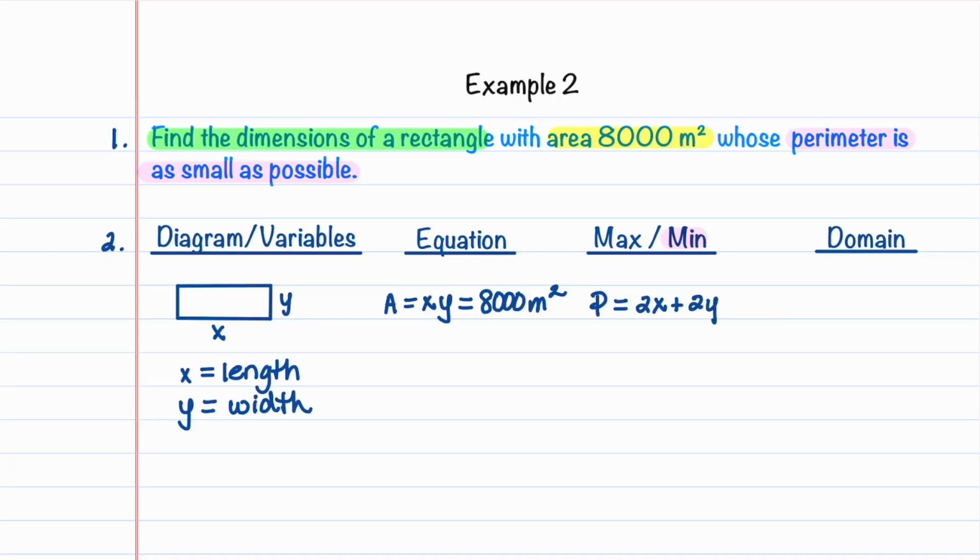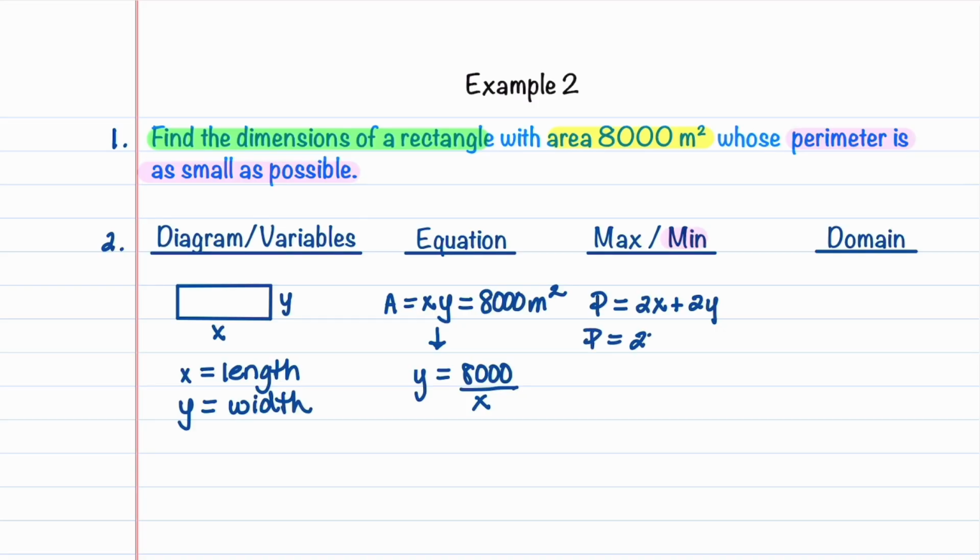Now what we need to do is we need to write our equation for our perimeter in terms of one variable. I want to write it in terms of x, so we need to find an equation for y in terms of x. We're going to get that from this equation right here, and we can say that y is equal to 8,000 divided by x. So let's go ahead and put that in.